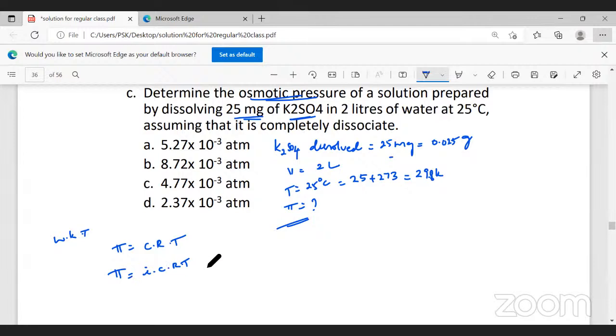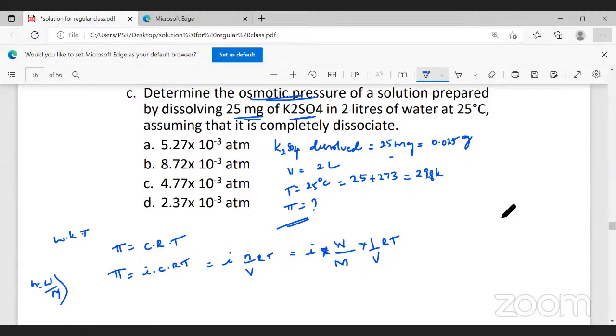That will be equal to i into C, where C is n by V, into R into T. Because the number of moles n is equal to W by M, it becomes i into W by M into 1 by V into RT. This is the formula.